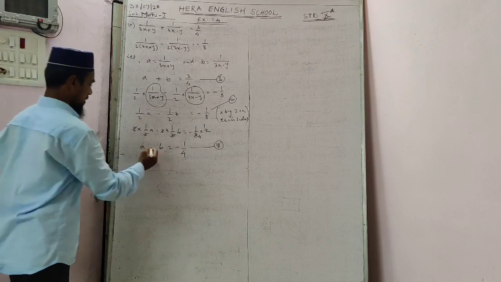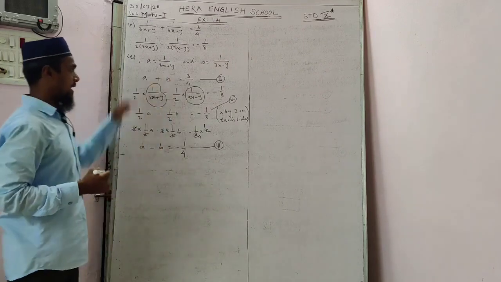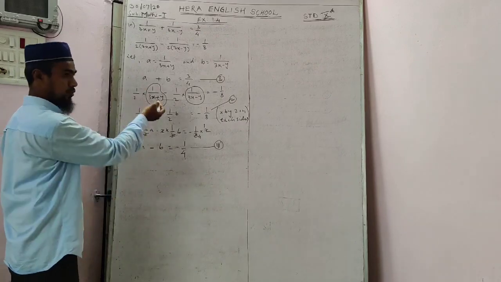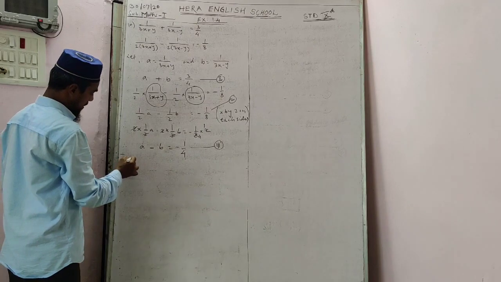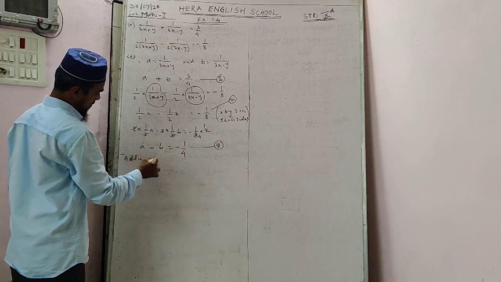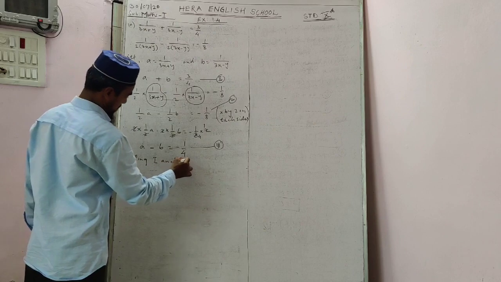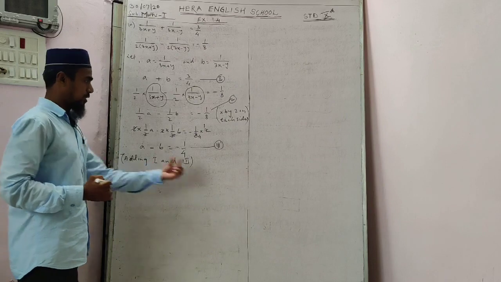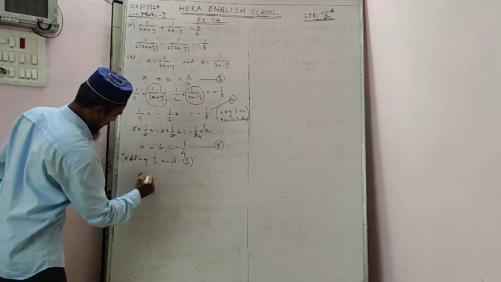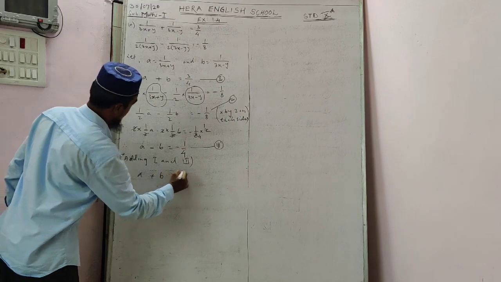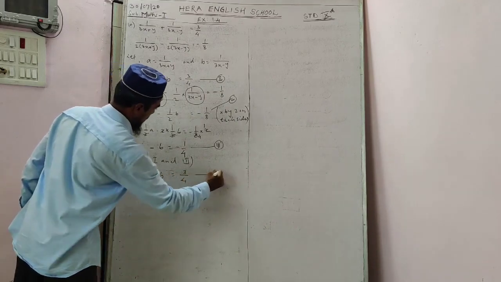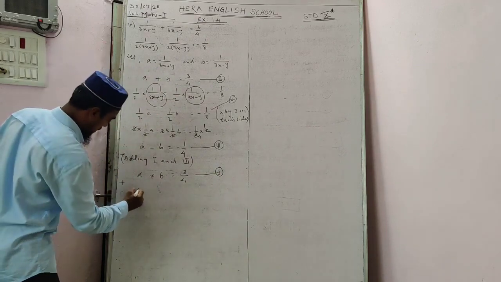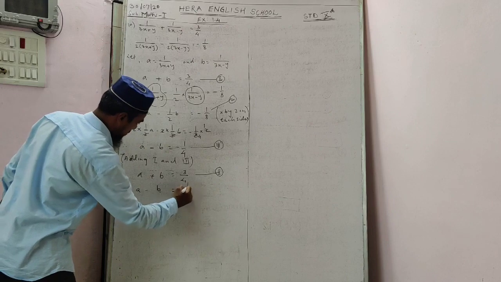See, in the first and third equations, minus b and plus b can be easily cancelled by adding. So we will add to cancel the value of b and get the value of a. We will write the statement: adding equations 1 and 3. Equation 1 is a plus b equal to 3 upon 4, and the third is a minus b equal to minus 1 upon 4.